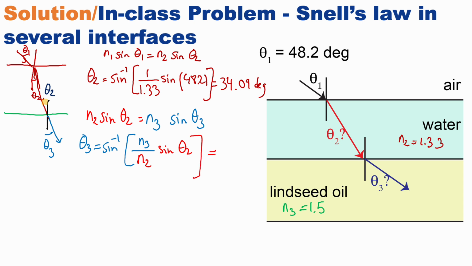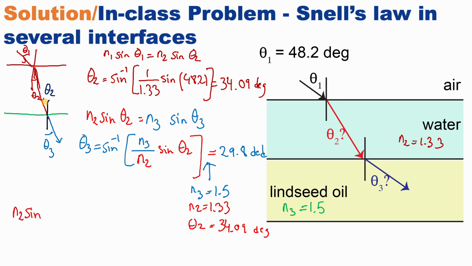And if we plug all the values here, we know that n3 is 1.5, and n2 is 1.33, and θ2 is what we got before, 34.09 degrees. So now the angle is gonna be 29.8 degrees.